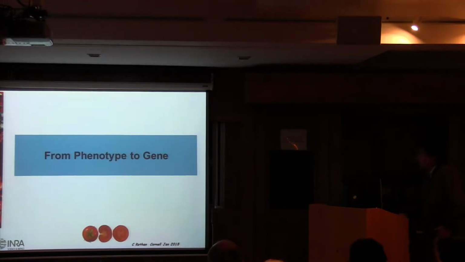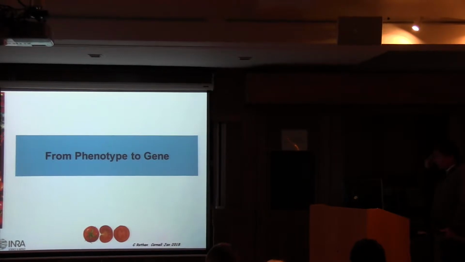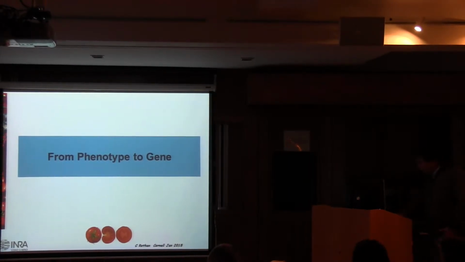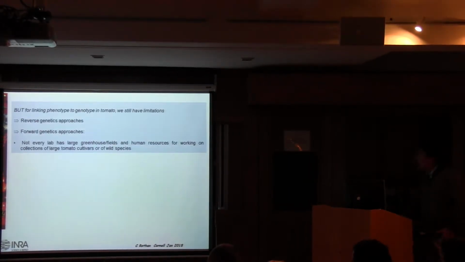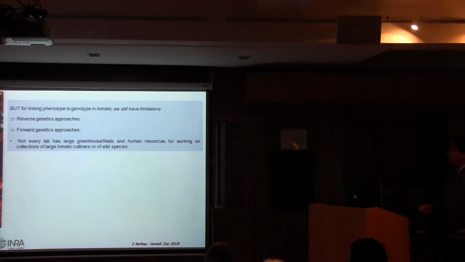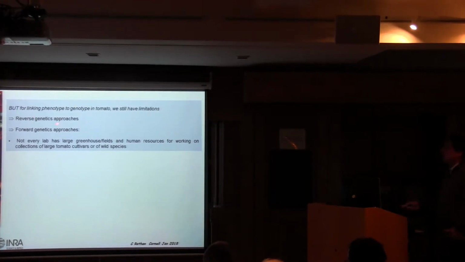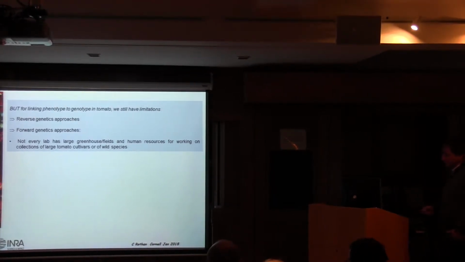I won't go into the detail, but what I would like to insist on in my talk today is the second strategy that we began to develop a few years ago, which is to identify mutants and go from phenotype to the function of a gene. As I showed before, the reverse genetics approach can be quite successful.